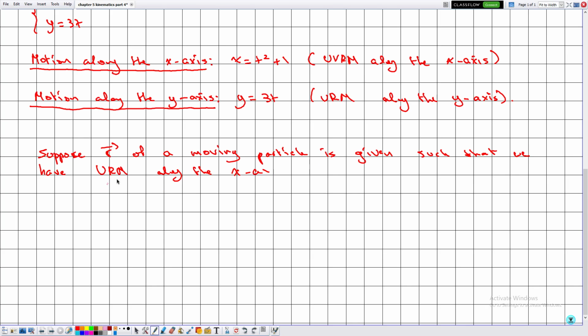Or let me consider the general case, UVRM along the x-axis and UVRM along the y-axis. Okay, so we have r is equal to xi plus yj.